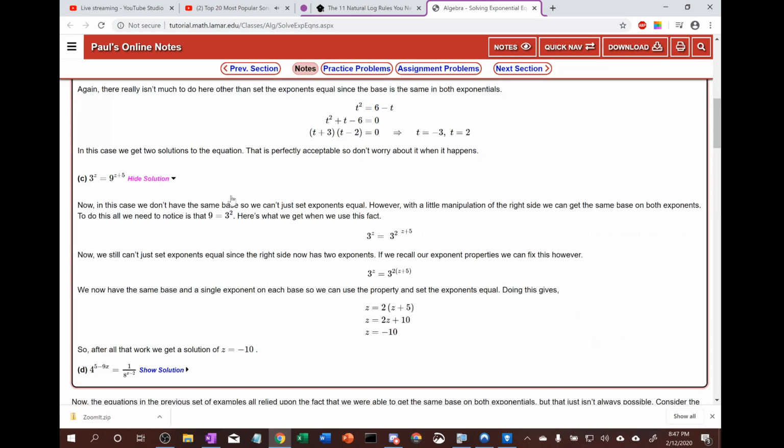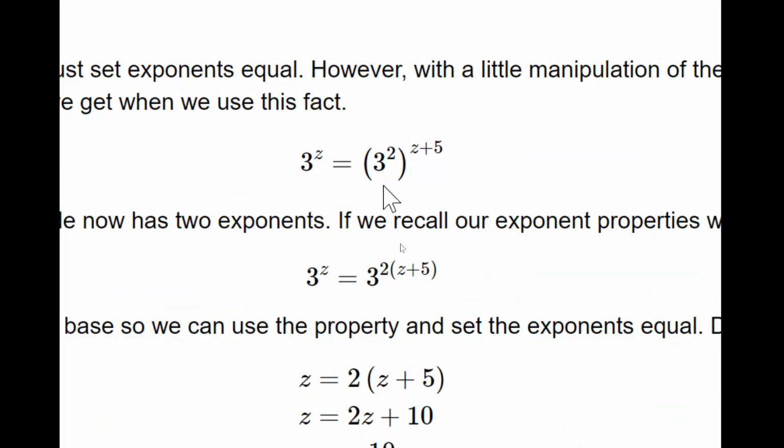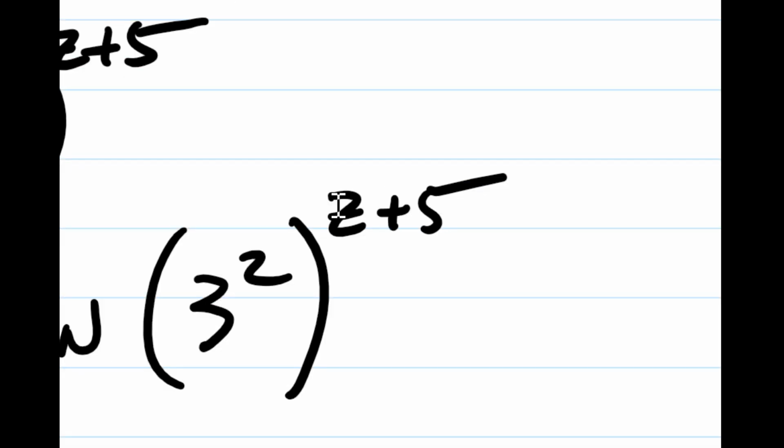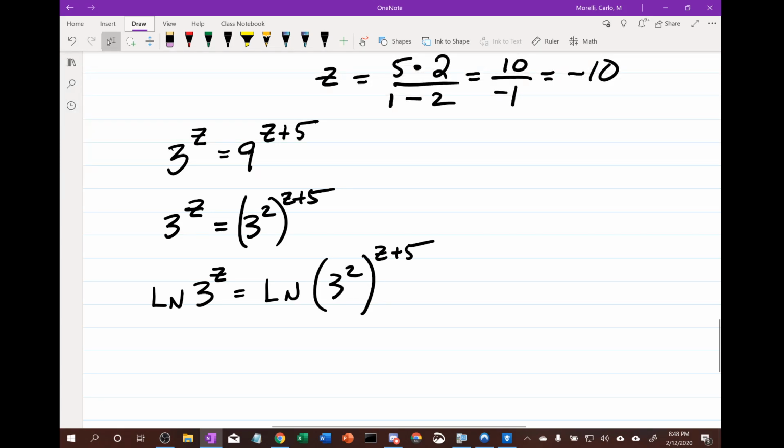All right, here we go. See? This is what he did. Look, check this out. He used that. So that's what he wrote. And then he did the power rule.